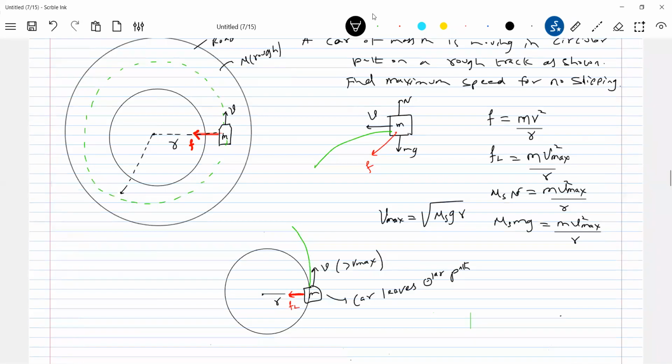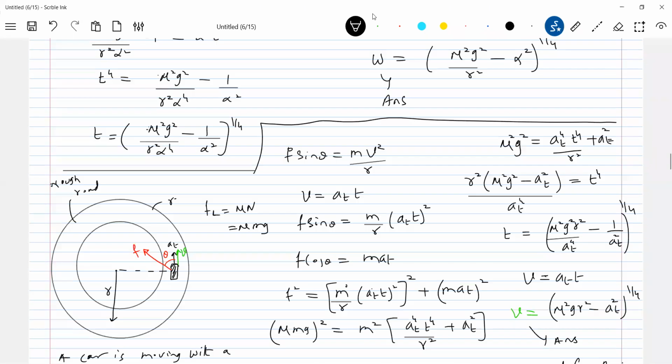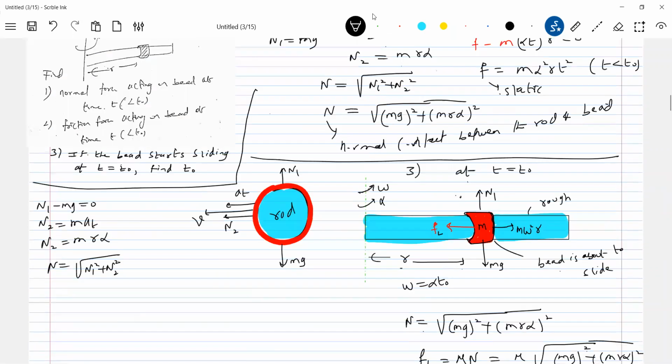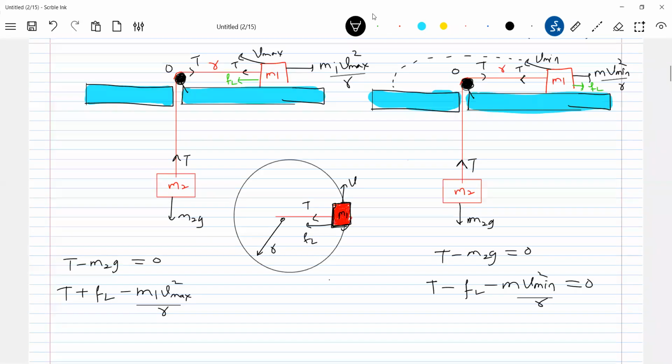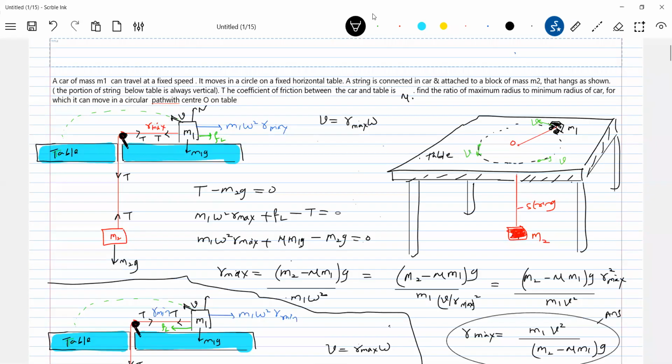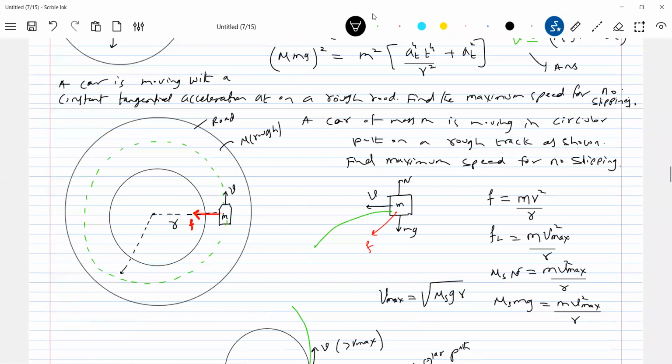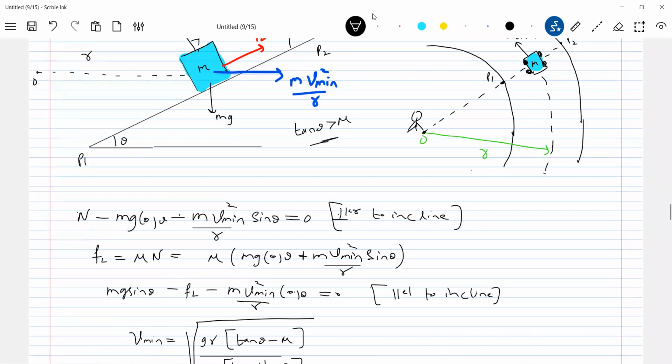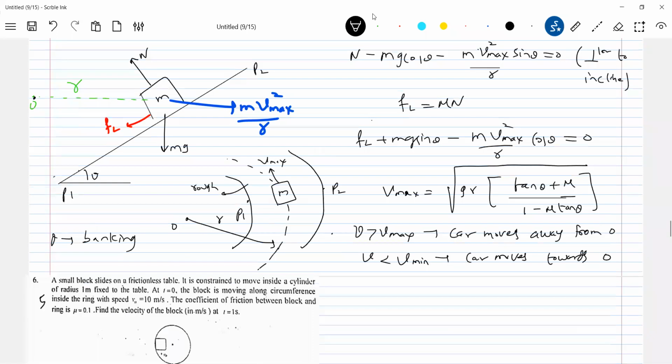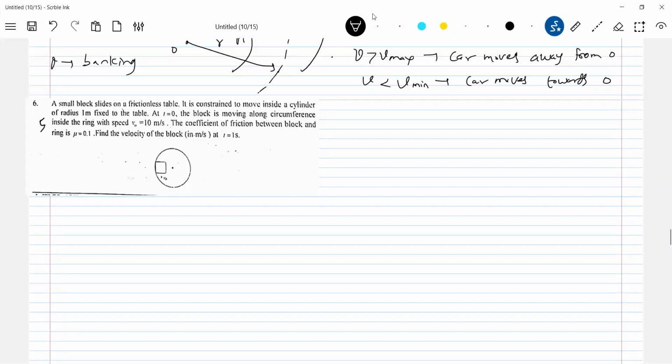Okay, now let's come to this one. Same problem related to this. A small block slides on a frictionless table. It is considered to move inside a cylinder of radius 1 meter.